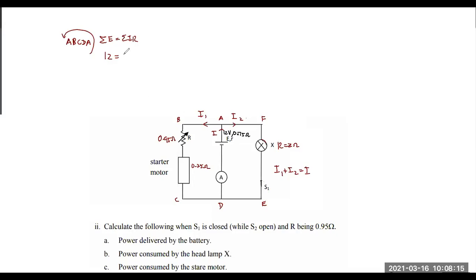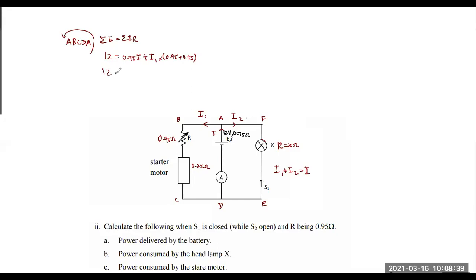So I will write I into 0.75, plus, and then you can see I1 is flowing through these two resistors, 0.95 and 0.25. So I1 into 0.95 plus 0.25.